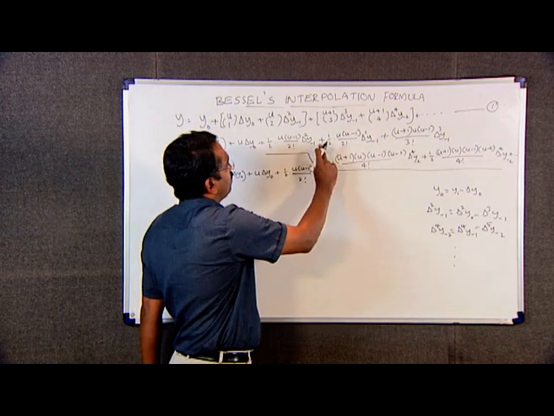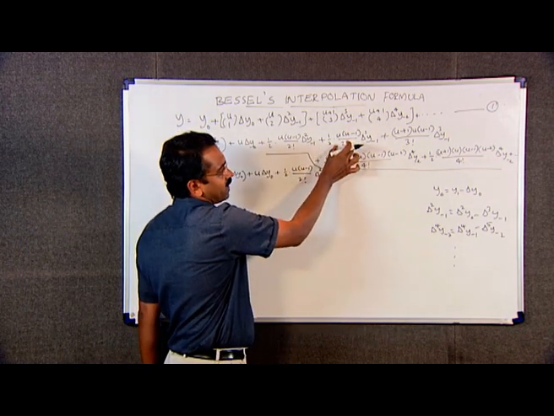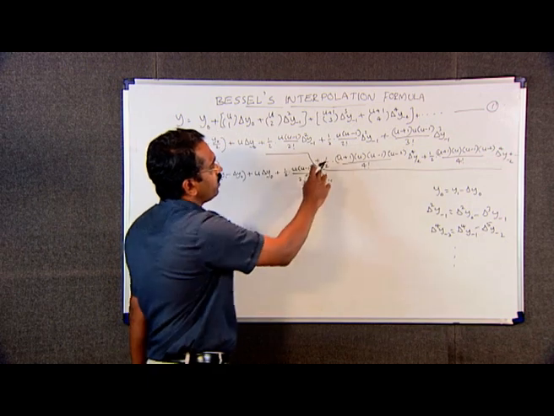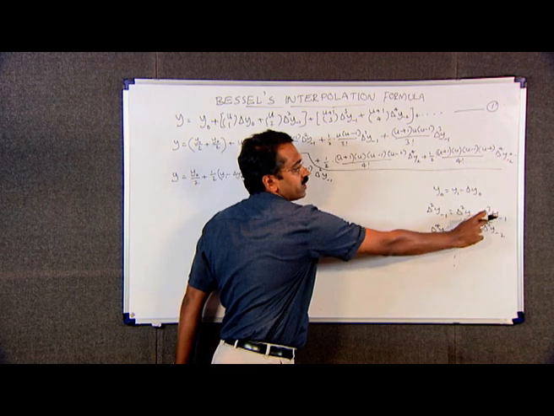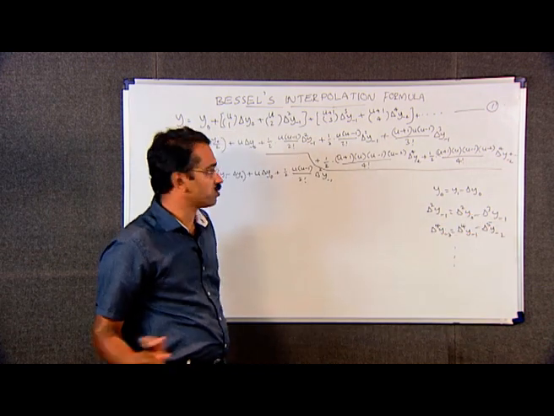For this second split up, we use delta square y minus 1 as delta square y naught minus delta cube y minus 1.